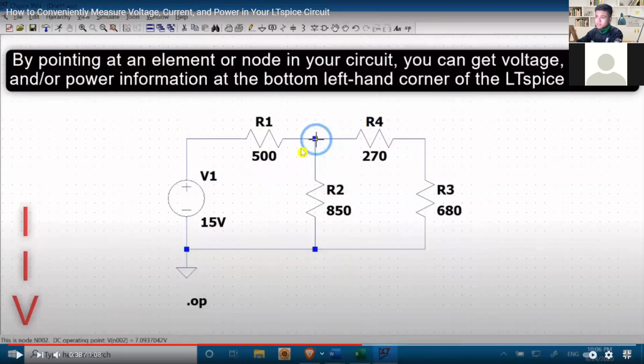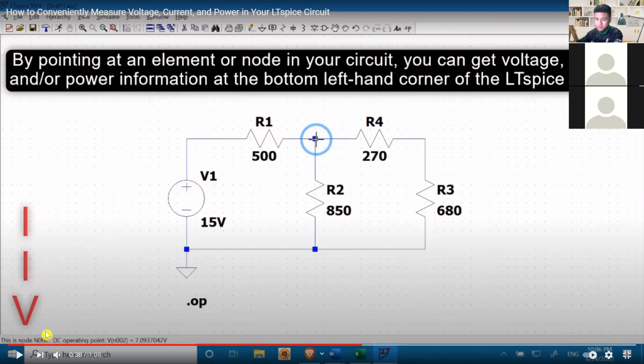As you guys can see right here, upon hovering the mouse on this node, it will give you this information. Can you guys see this one? The information on the bottom left, the one that has an arrow. Yes, sir.